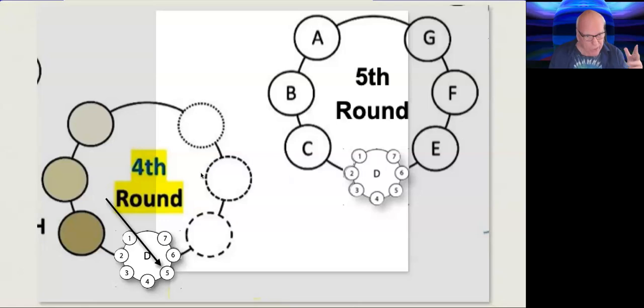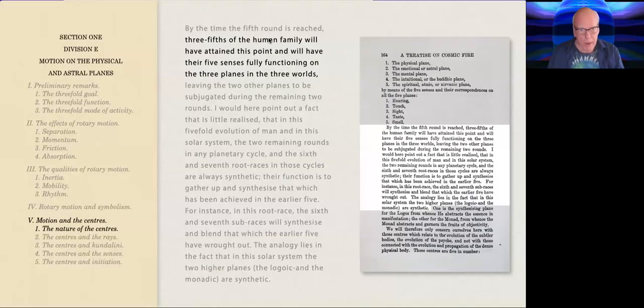Since root races last many millions of years, we're talking about eons of time before 3/5 of the human family will have their 5 senses fully functioning on the 3 lower planes. Okay?